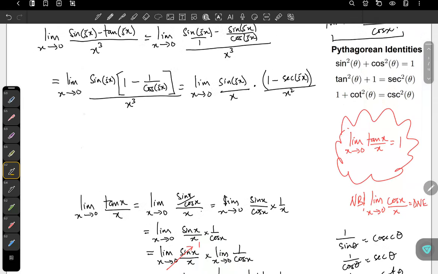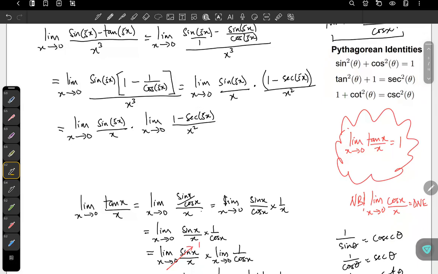Good. So we can now split this up into two limits: the limit as x approaches 0 of sine 5x over x times the limit as x approaches 0 of 1 minus sec 5x over x squared.